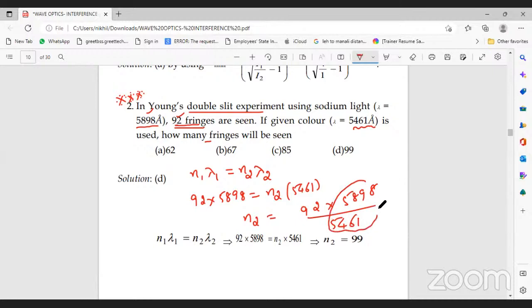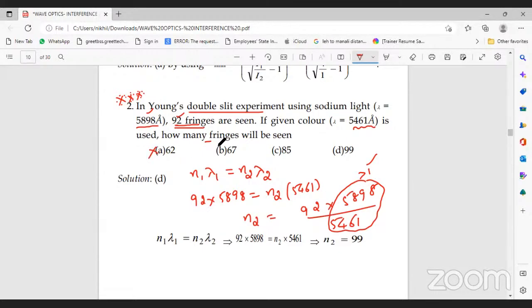Can you tell me whether 5898 divided by 5461 will be more than 1 or less than 1? More than 1, sir. If this value is more than 1, and I multiply it with 92, the number should be more than 92 or less than 92? More than 92, sir.